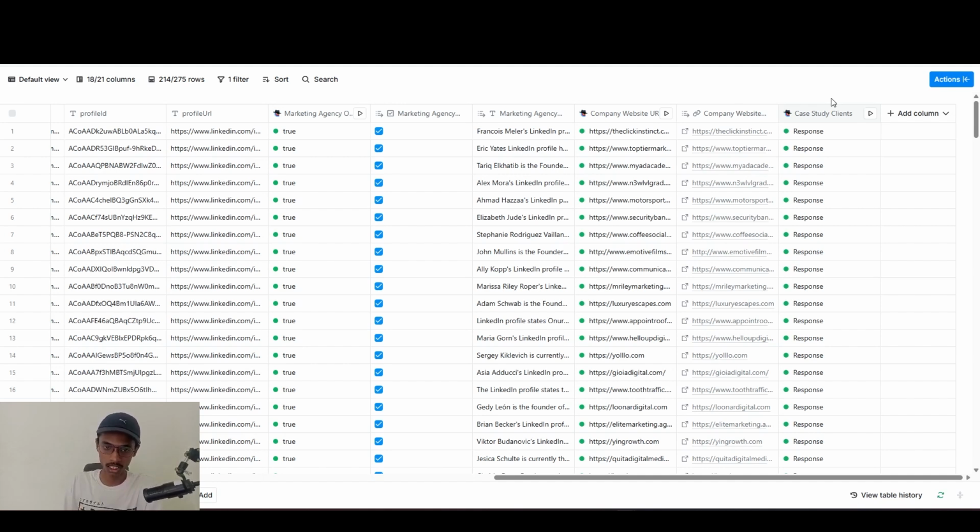With that being said, what we're doing here is we are first validating whether the prospect is a marketing agency or not. Once it's validated and it's true that they are a marketing agency, then we find their company website, by checking their LinkedIn profile and then checking public sources related to the person.